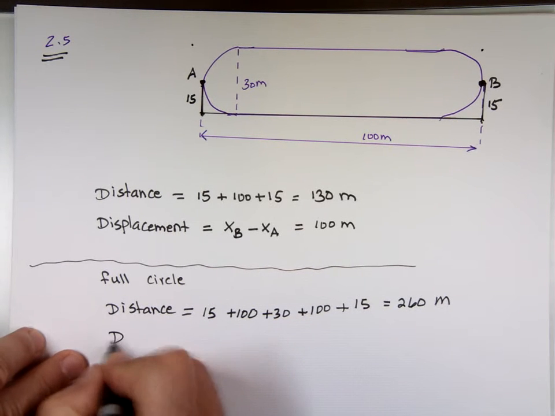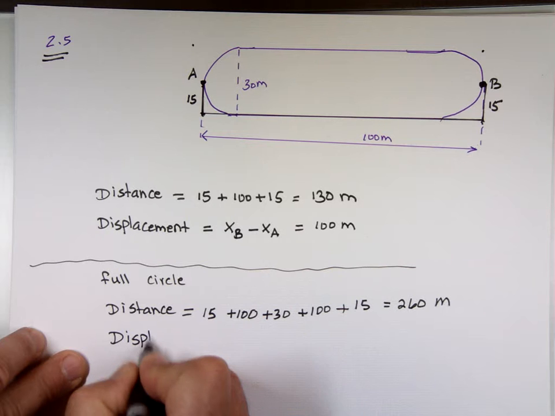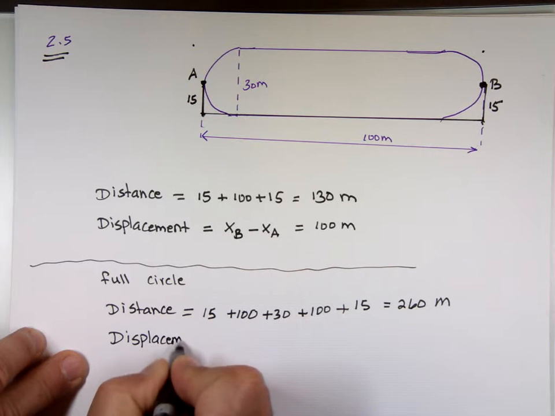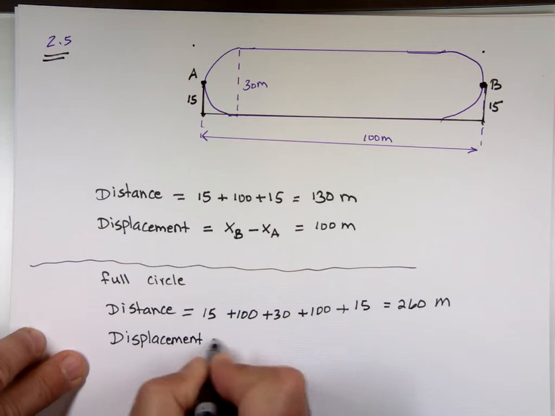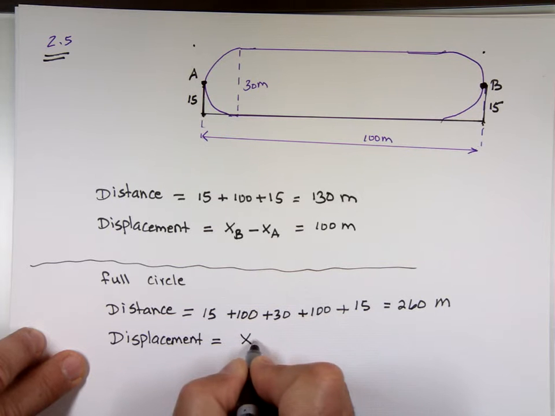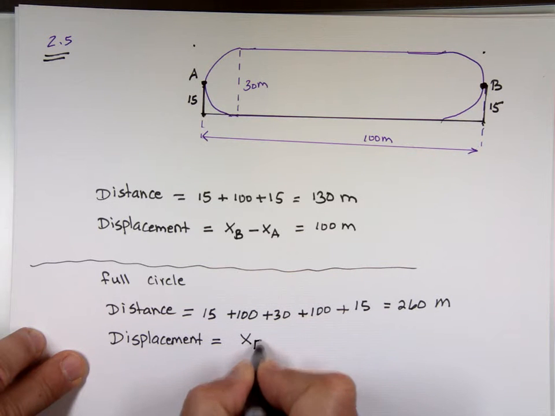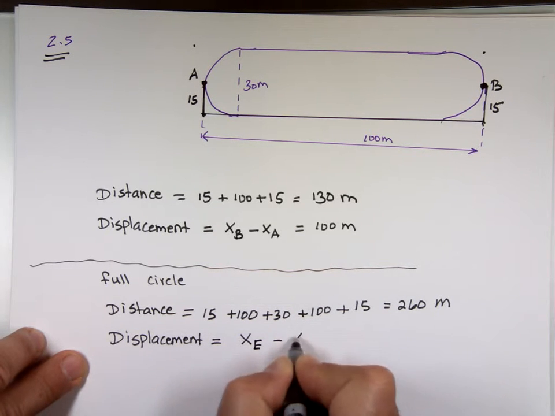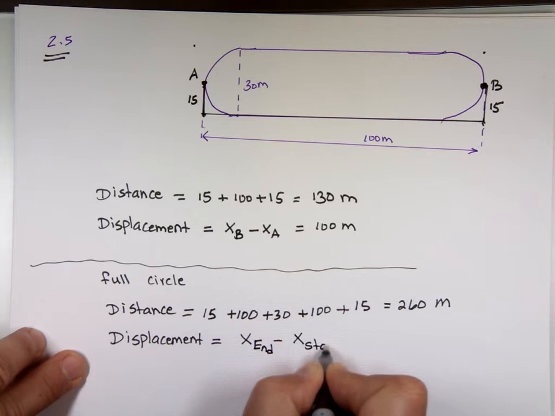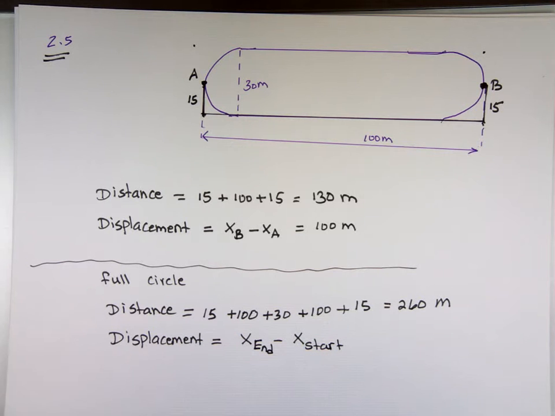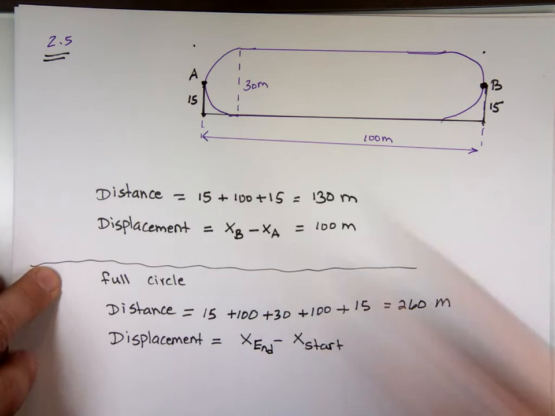What is your displacement? It's where you are at the end minus where you were at the start. The difference in the two spots. Where were you standing at the end if you did one full circle? At A. And where did you start from?